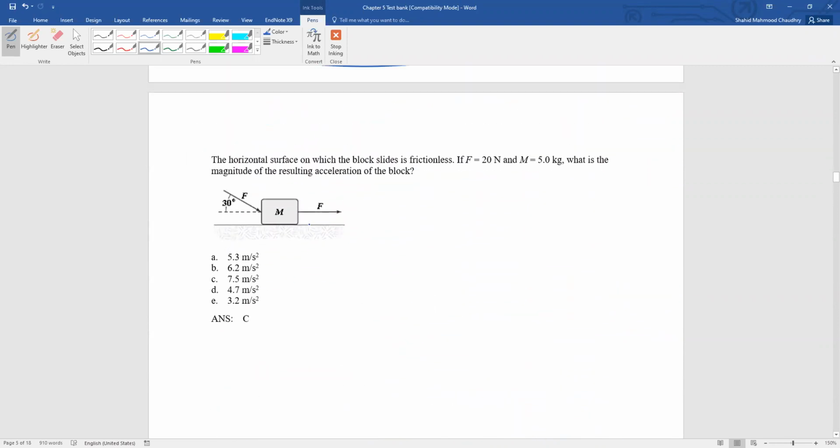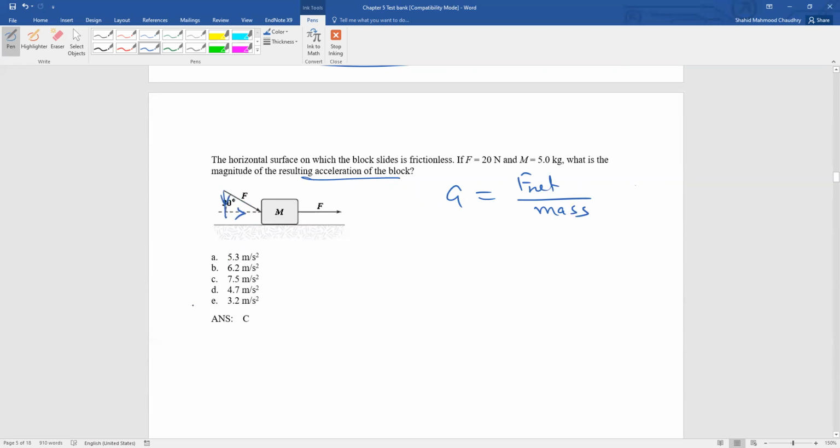Okay. Now we have a block that is placed horizontally and we have to find the acceleration. Acceleration is normally defined as the net force divided by the mass. This is the equation, but here the force is acting in some direction. That's why we have to make the components.